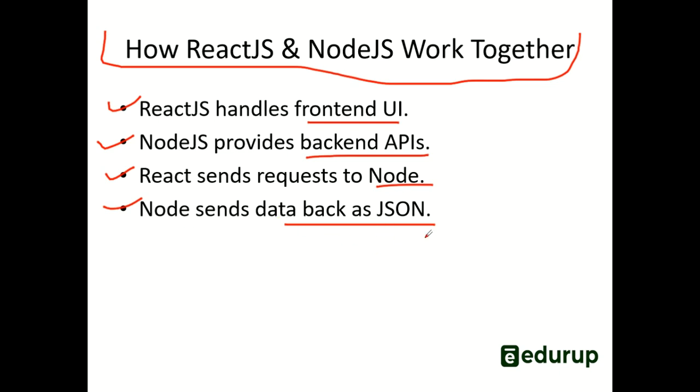What is JSON? JavaScript Object Notation. The data is always sent in JSON format. We are not saying this is a competitor; this is a team member. Then you learned how React.js and Node.js work together.